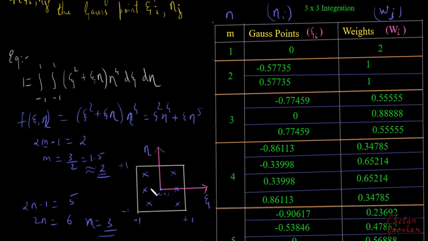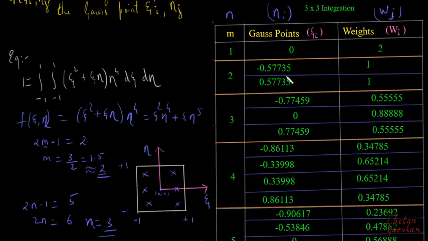The coordinate of this point in xi direction is also minus 0.57735, whereas the coordinate of this point and this point in xi direction is plus 0.57735, whereas the coordinate of this point in eta direction is 0.77459, whereas the coordinate of this point in eta direction will be 0, whereas the coordinate of this point in eta direction will be minus. So basically what I'm trying to say here is, the Gauss points in eta direction will be there at 3 locations, here, here and here.